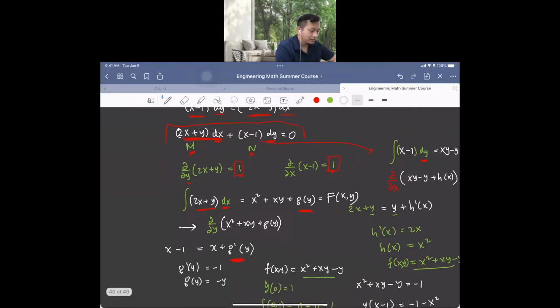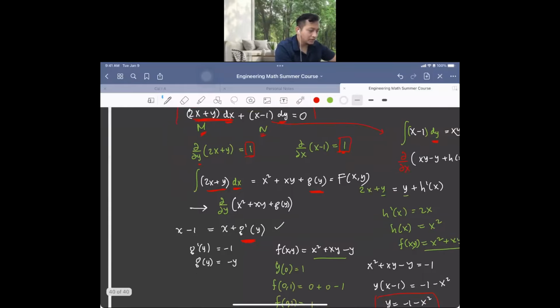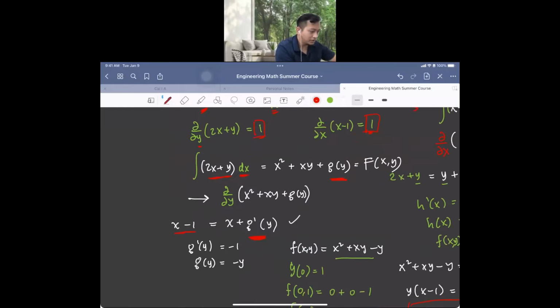Now this is actually our N. So we are going to equate this x plus g prime(y) with N. N is x minus 1. So this is what we have here. x minus 1 is from N. So g prime(y) is negative 1.